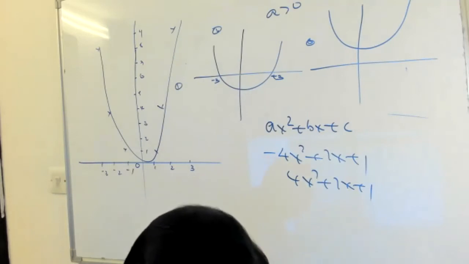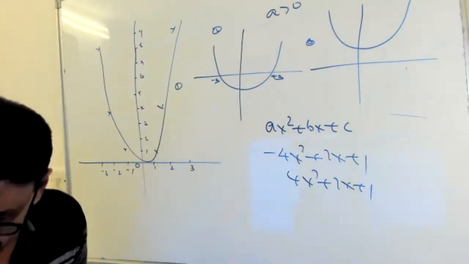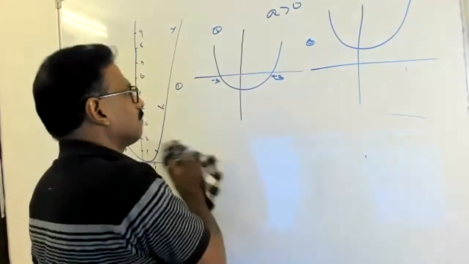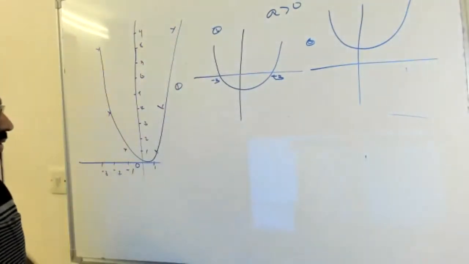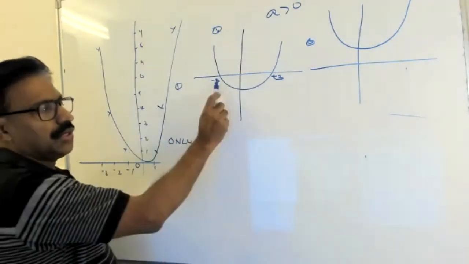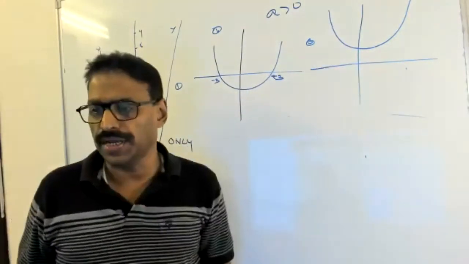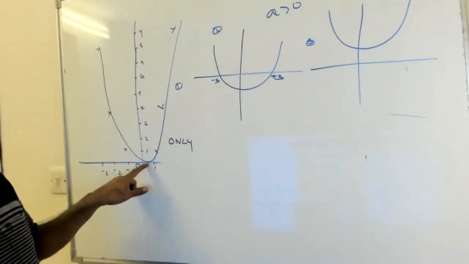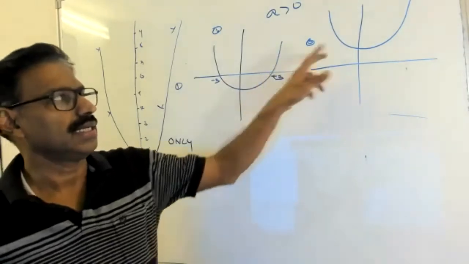Now look, I told you here: this one has only 1 zero, here 2 zeros, and here no zeros. Why? Because here the graph touches only one place, here it crosses two places, and here there is no touch.